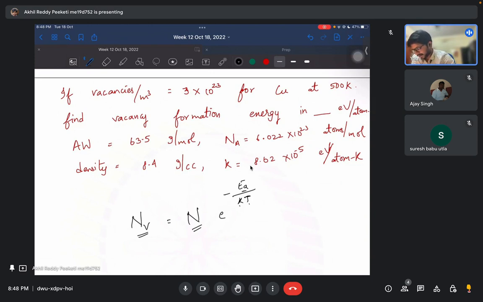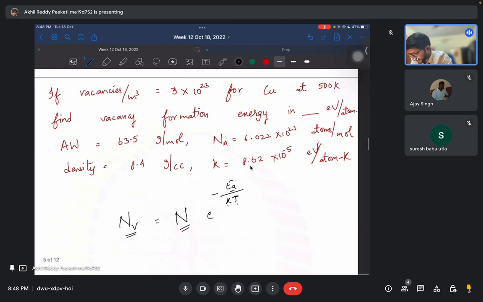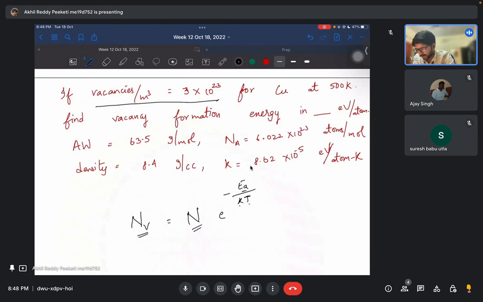Now here we only know vacancies per meter cube. So vacancies per unit volume is given, temperature is given, and we need to estimate the vacancy formation energy, given atomic weight, density, Avogadro's number, and Boltzmann constant. Because we know N_V, but we don't know N, the total number of atoms per meter cube. That's not given, so first we need to estimate that.